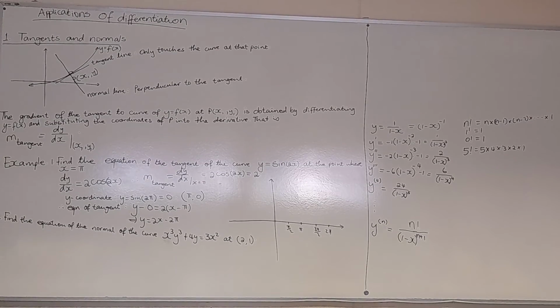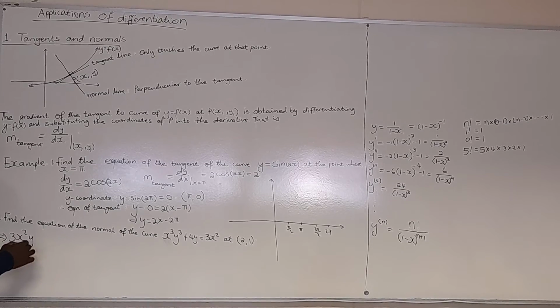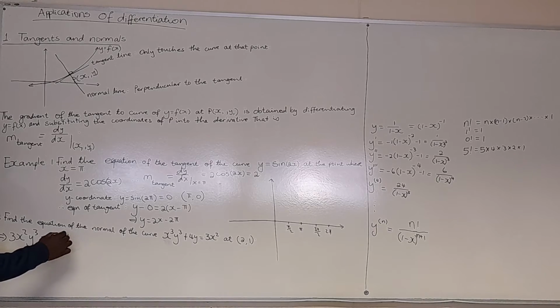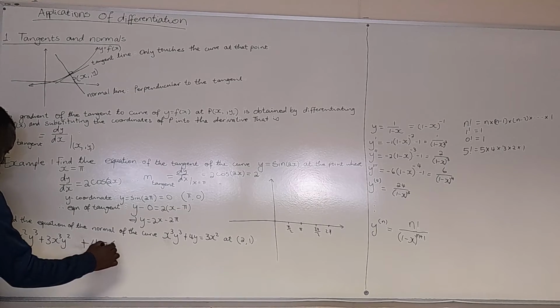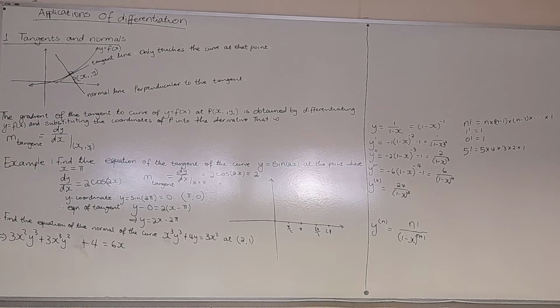Okay, so here you see this is an implicit function. So for implicit, it will be different. We have to differentiate and substitute both coordinates here. Let's differentiate. I'll write something and then you tell me if it's right or not. Is that right?